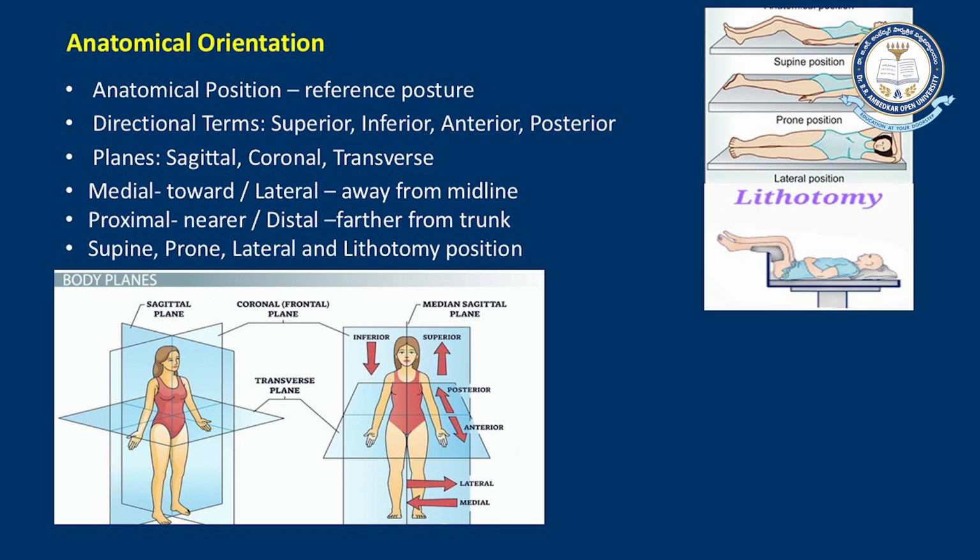Now let us see the coronal, which I talked about. Just imagine the anterior part and the posterior part being divided, and you are able to see two different parts and study them in detail. Similarly, we have the transverse, a horizontal cut section of the human body, and that is the transverse plane.